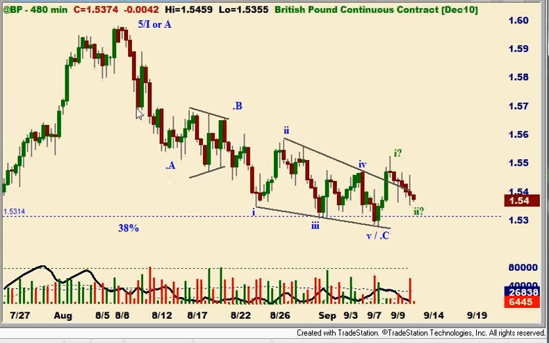Now, I think this decline counts best as a corrective pattern, A down, a triangle B wave, and then interestingly again, we have a very good example of a diagonal triangle. 1, 2, 3 for 1, 1, 2, 3 for 3, and 1, 2, 3 for 5. We've broken above that trend line, although as I speak we're down to about 153.46.